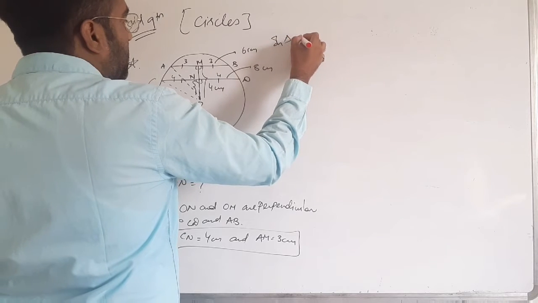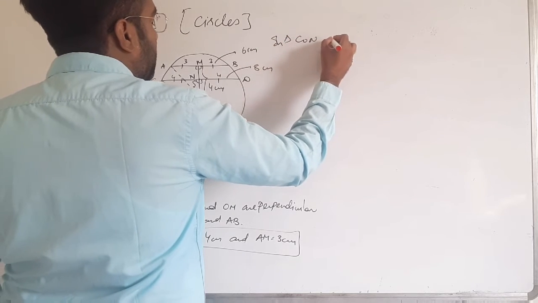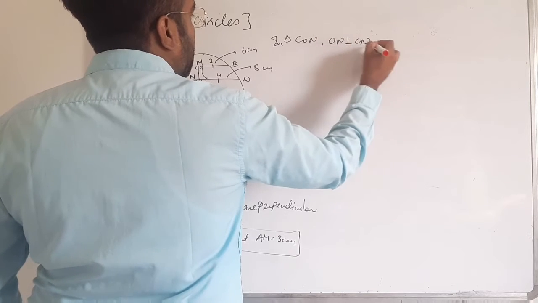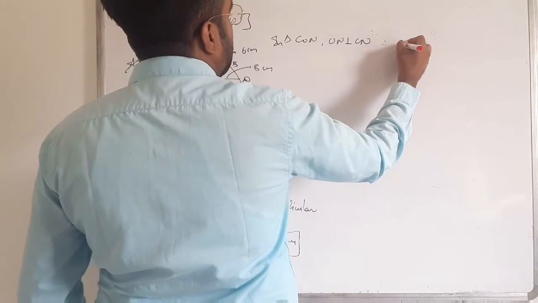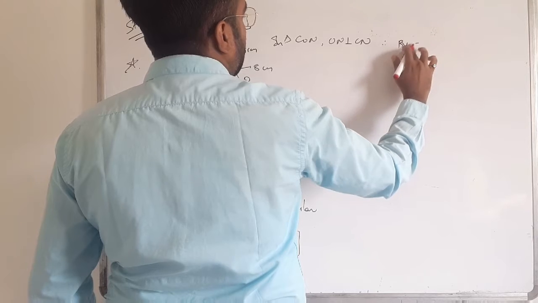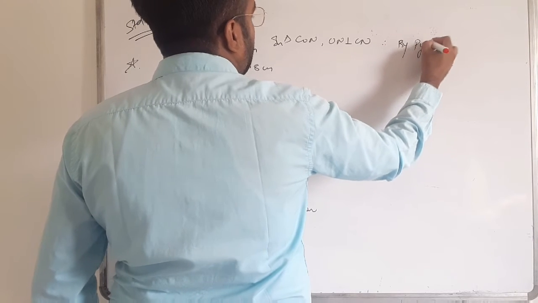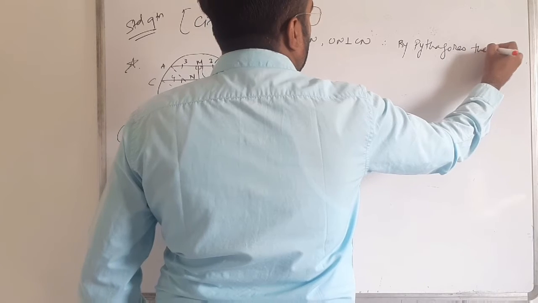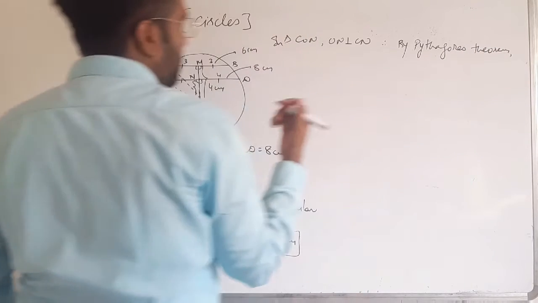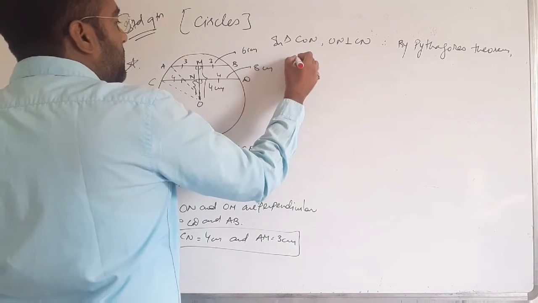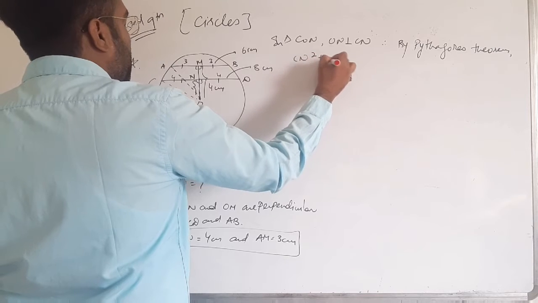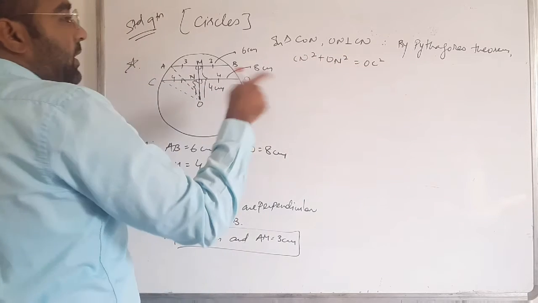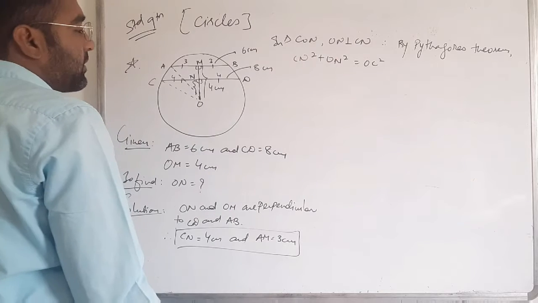In triangle CON, ON is perpendicular to CN, therefore by Pythagoras theorem, CN square plus ON square is equal to OC square: base square plus height square equals hypotenuse square.